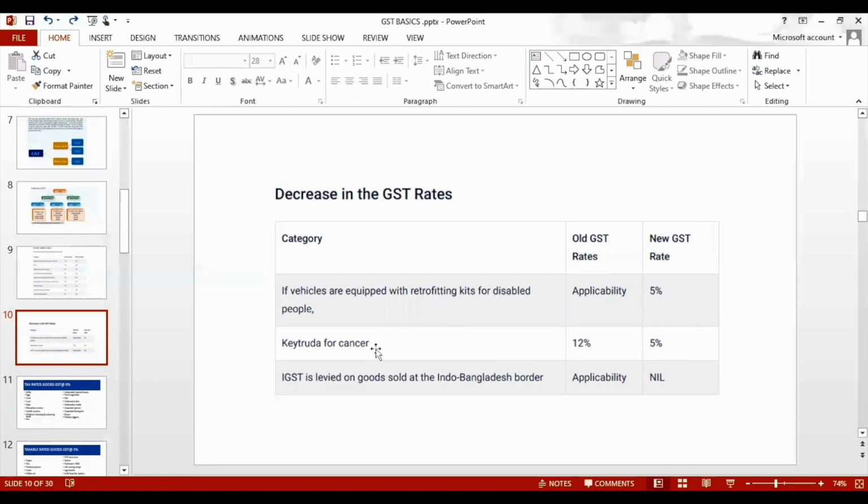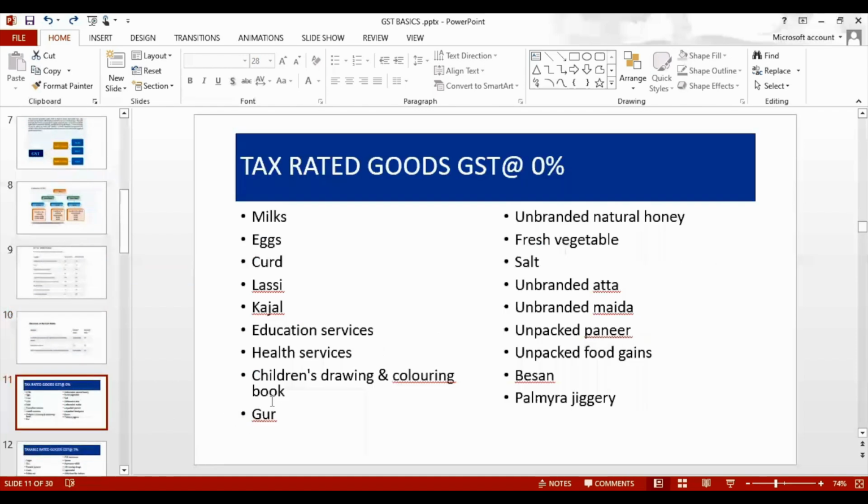I want to explain next what goods are assigned slab rate wise. I will give some examples here. From here, tax rates for goods: GST at 0%. So there are 0% goods in GST. Some goods are a necessity of human consumption.